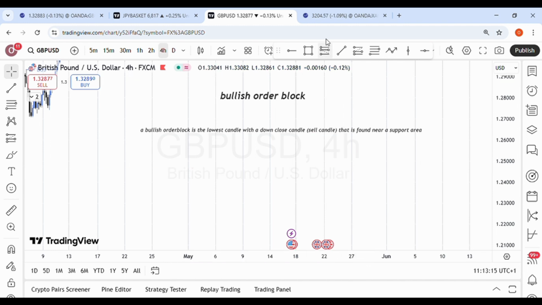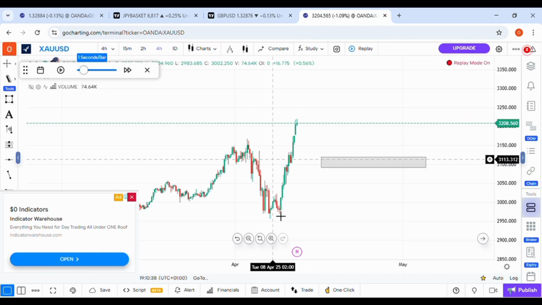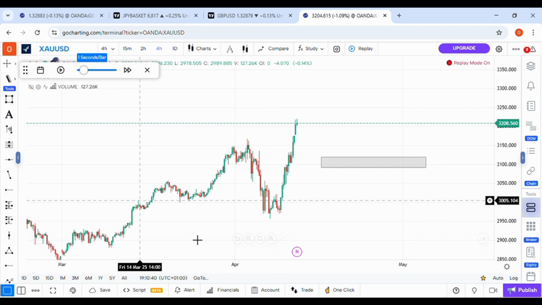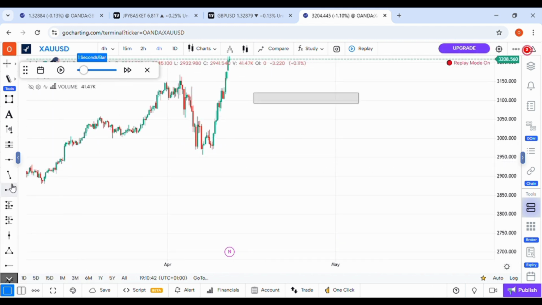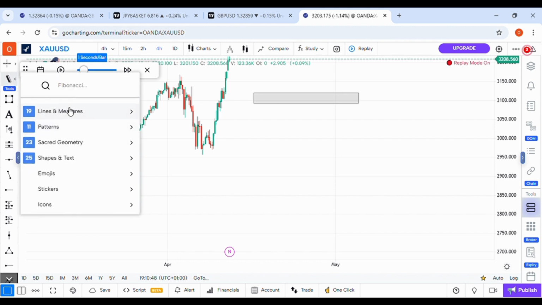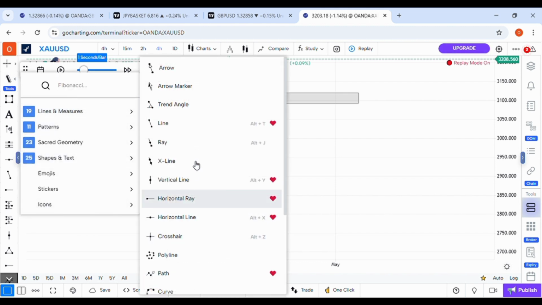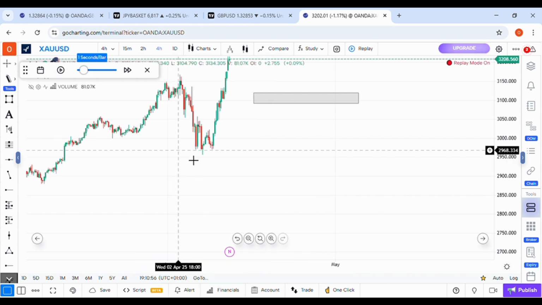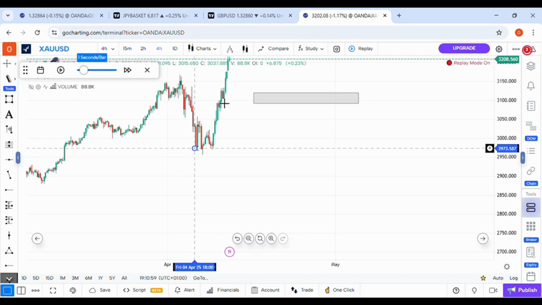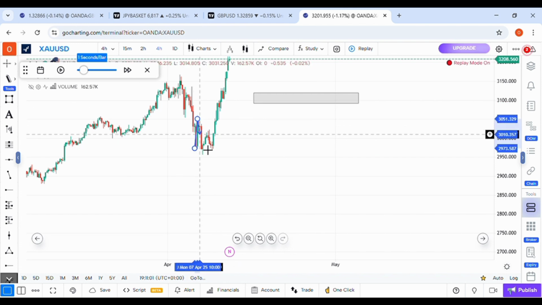For example, you can see in my chart now. Price has been moving from one place to another in this particular area. Let me bring out something. Price has been ranging from up to down in this particular area.